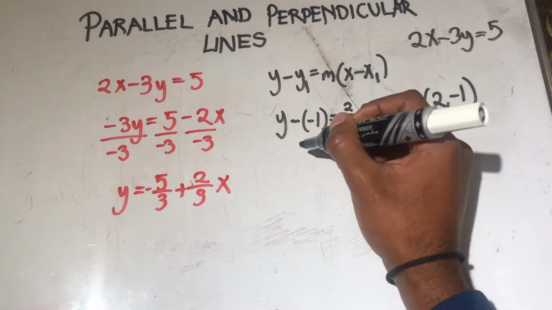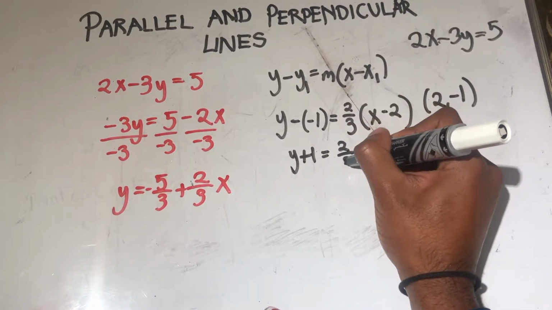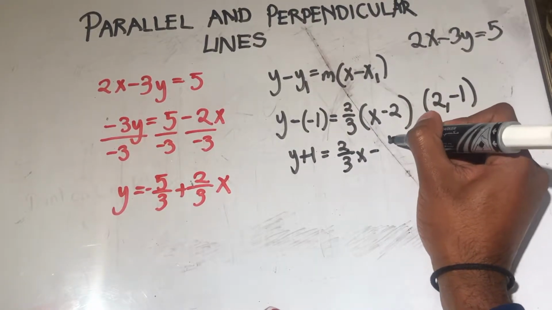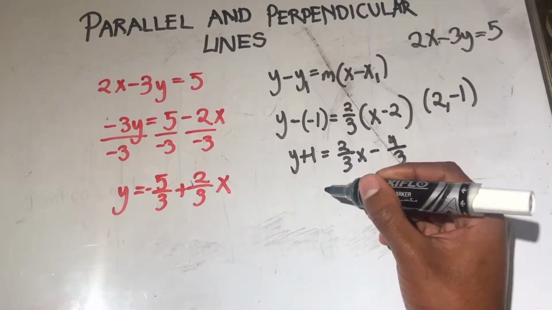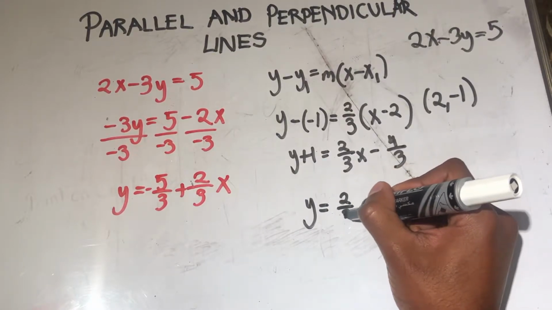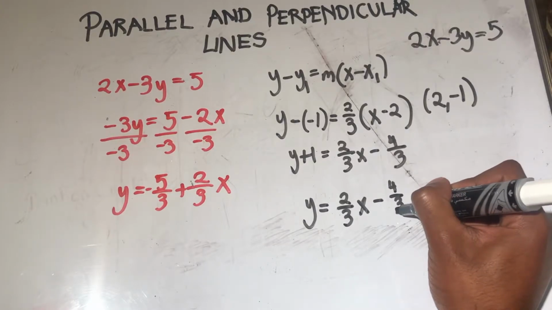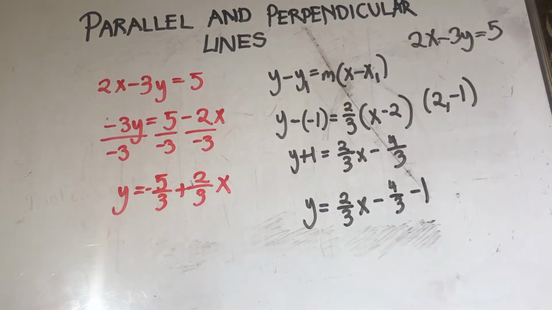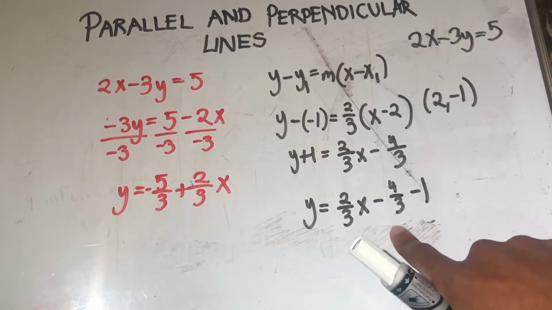We can go ahead and simplify. y plus 1 is equal to 2/3 x minus 4/3. We can simplify even further. y equals 2/3 x minus 4/3 minus 1. And we can combine these two terms.